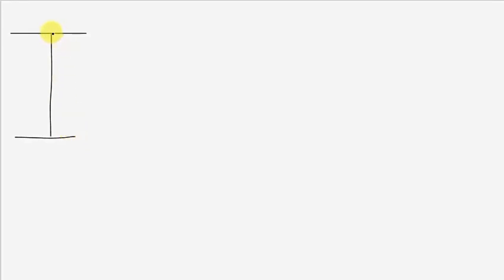You want to get the value for beta for this column. Say this column is a 400 by 200 column, then our beam here is a 450 by 200 beam. That means our beam here is deeper than our column in the other direction.